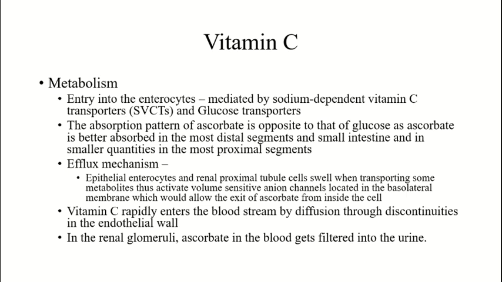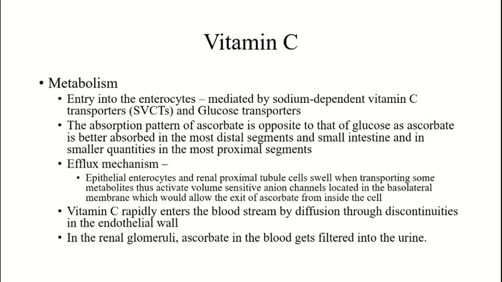Now, ascorbate enters the enterocytes via the SVCT and the GLUT transporters. The absorption pattern of ascorbate is typically opposite to that of glucose. Ascorbate is better absorbed in the ileum of the small intestine, but in much smaller quantities in the duodenum.